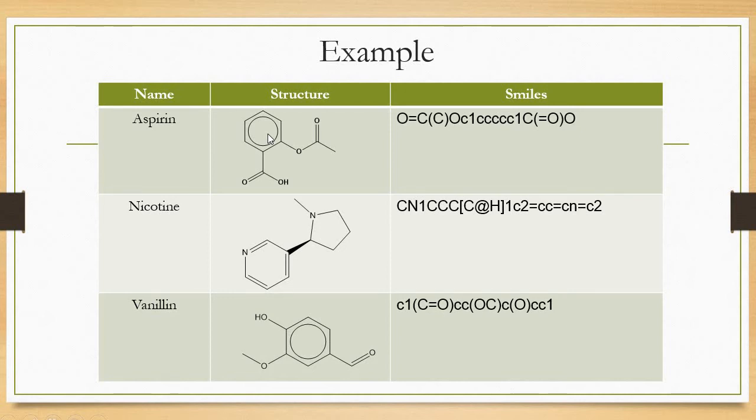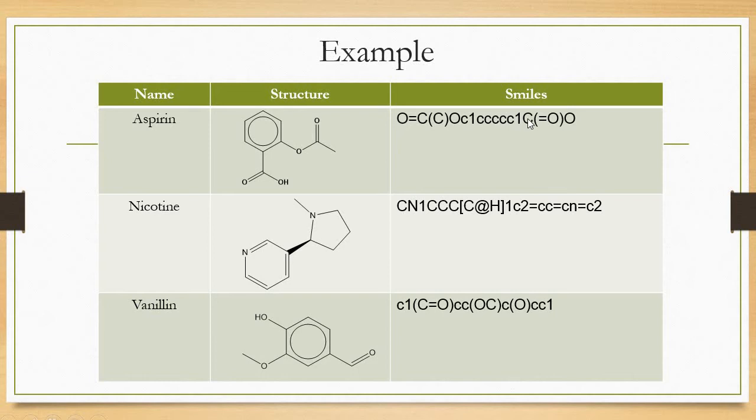We will further discuss in our lecture what notation is used for which kind of rings. We can discuss specifications for rings also. So all these small c's represent this aromatic ring. Then this carbon is represented by capital C because it is out of the ring, which is connected with this branched oxygen.